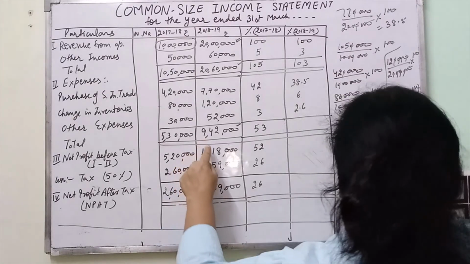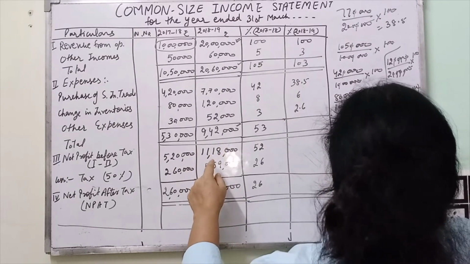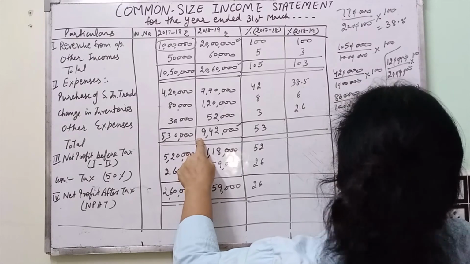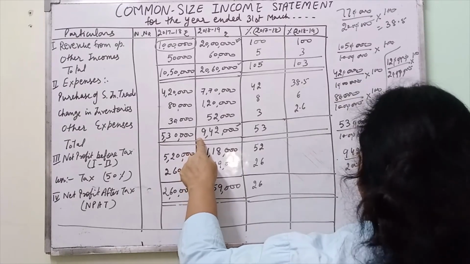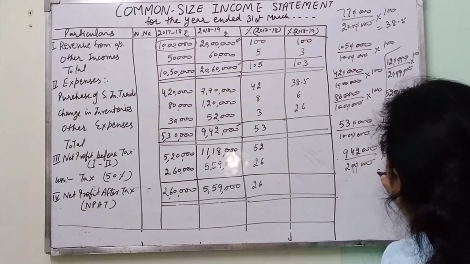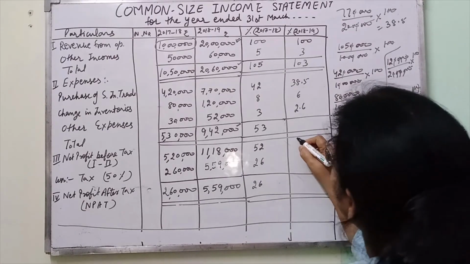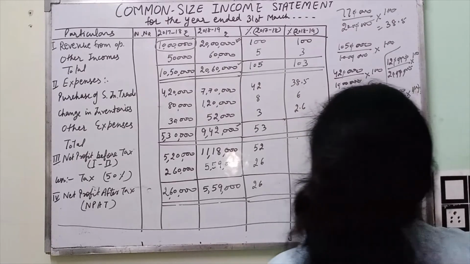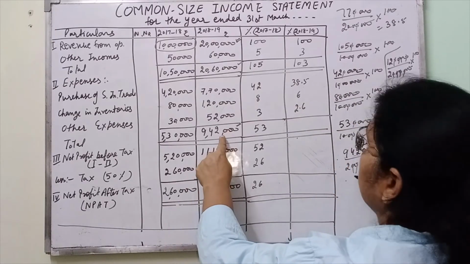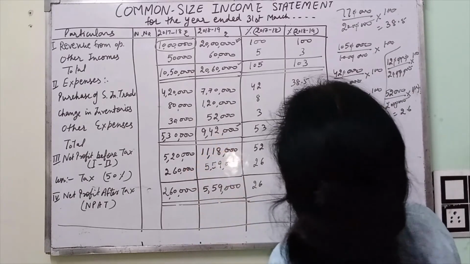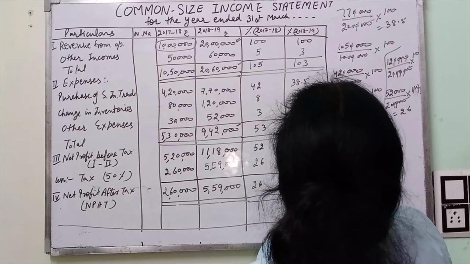Total will be 9,42,000 divided by 20 lakh multiply by 100. It's 47.1%.